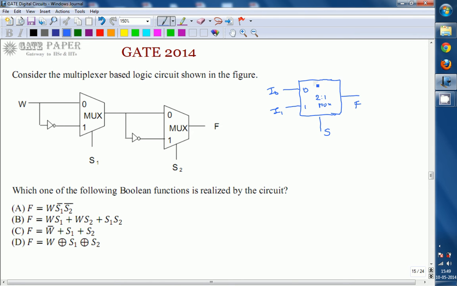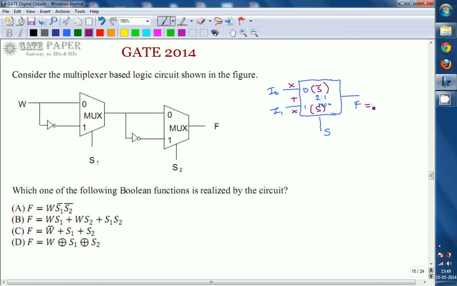So 0 can be written as S bar and 1 can be written as S. We write the minterm expression for those decimal numbers, multiply it with the inputs, and these are the product terms you generate and add finally.